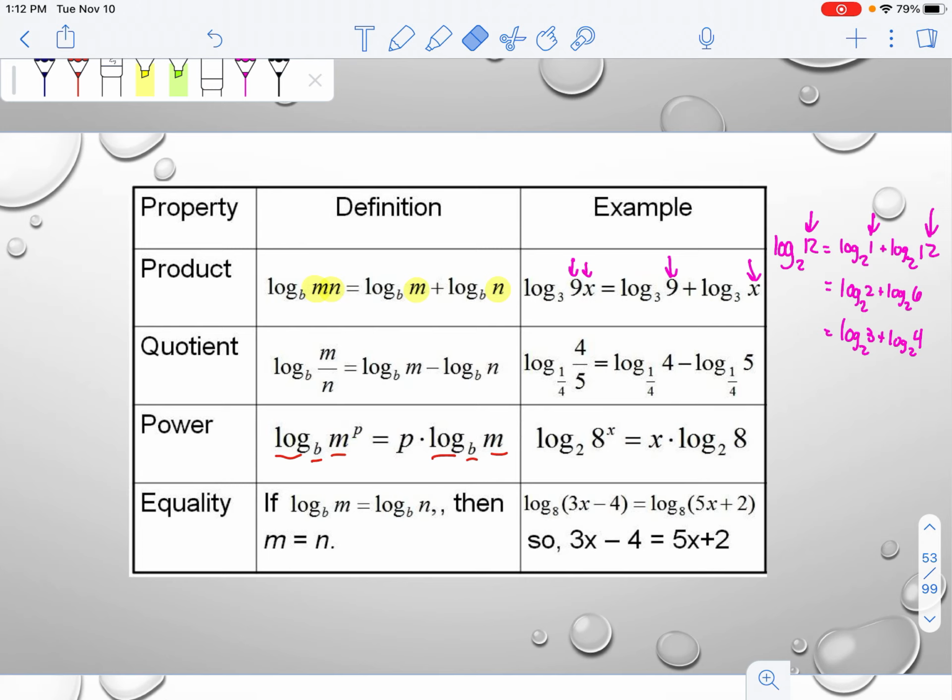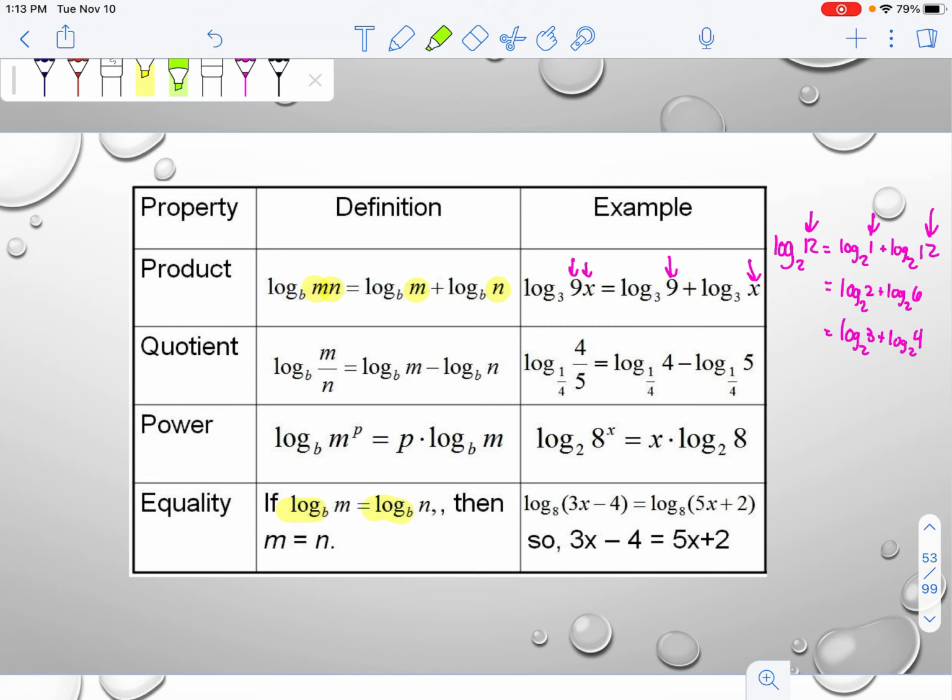And the last one is the equality property. A lot of people connect this with solving for variables in the exponent. If we get the bases equal, then we set the exponents equal. If the bases are equivalent, then the exponents are forced to be equivalent. Same idea here. If we're looking at log base b and log base b, the same base, then you just set the remaining parts equal.